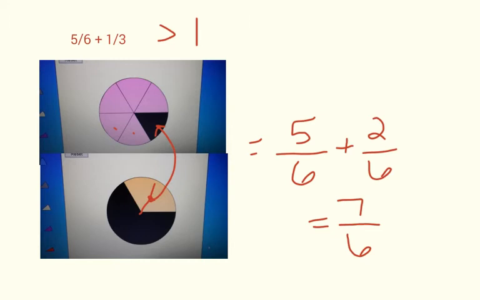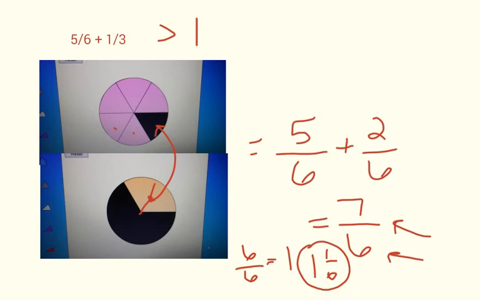And if I look at my answer here, I see that the 7 on the top is bigger than the denominator or the 6, so I know that means that I have more than 1. I could also rewrite it by saying, well, I know that 6/6 is the same as 1 whole circle, so my answer is going to be 1 and 1 extra piece, or 1 and 1/6.